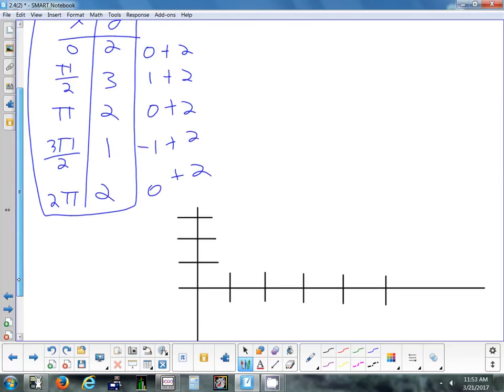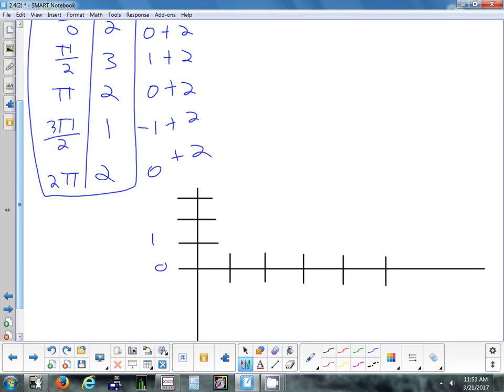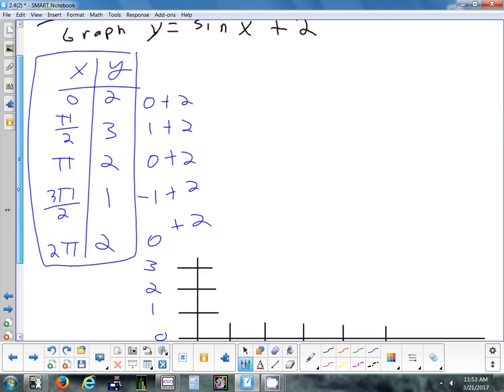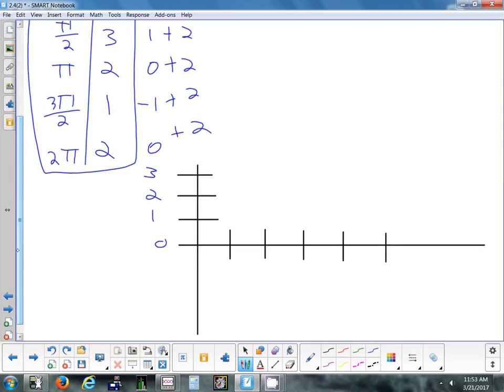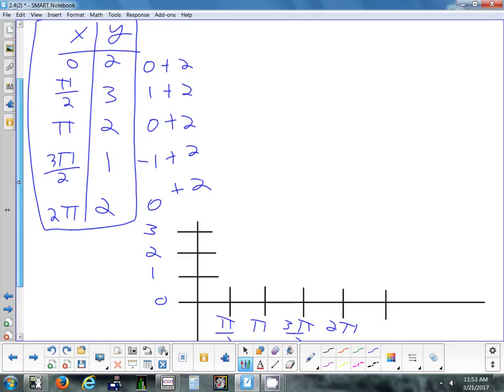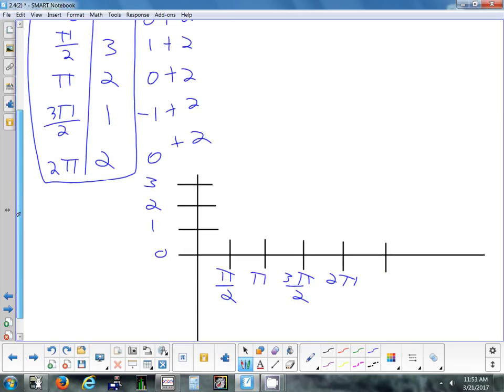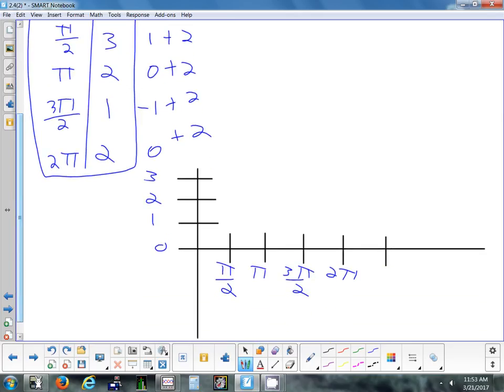All right, so now I'm going to label my y-axis. In this case, I can just go by ones, because I don't have to go any higher than 3. And my x-axis, using the same labels we've used all class. All right, so we're going to graph 2, 3, 2, 1, 2, right on the marks I just did. So 2, 3, 2, 1, and back to 2.